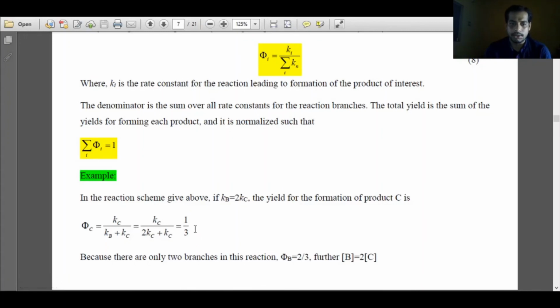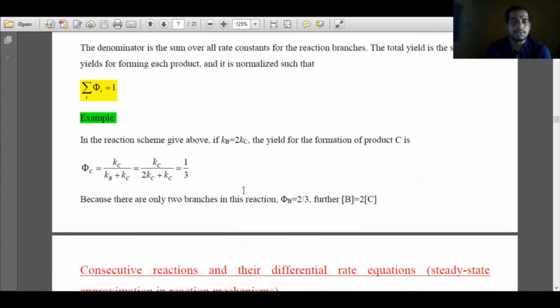So I get 1 over 3, and if I further solve it, I will get 33% yield, or 0.33, for formation of C, and for formation of B I get 0.66, or 66% yield, for the product B.